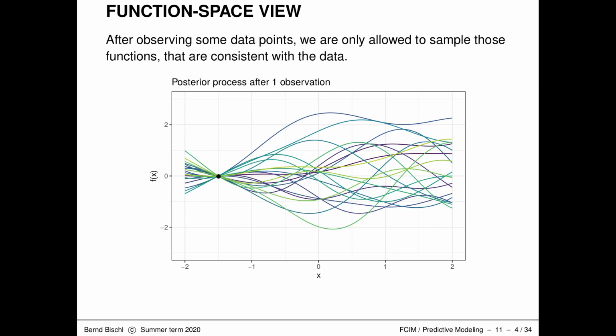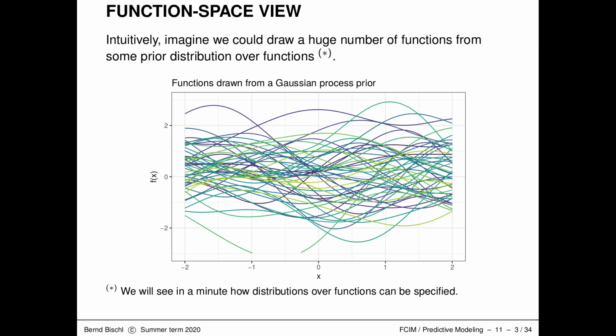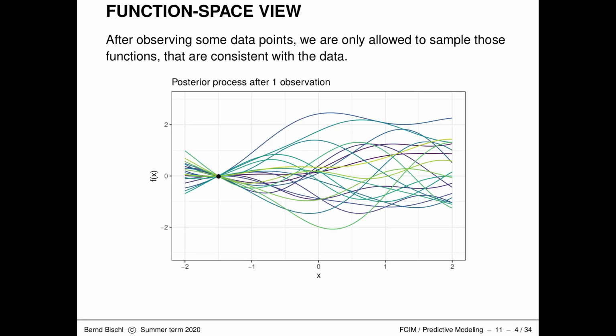Now, of course, I don't want to only be able to sample from my prior distribution. I also want to be able to take training data into account. So assume we are allowed to see exactly one training data point, and make a further assumption that I'm pretty sure that the measurement at that training data point is absolutely exact.